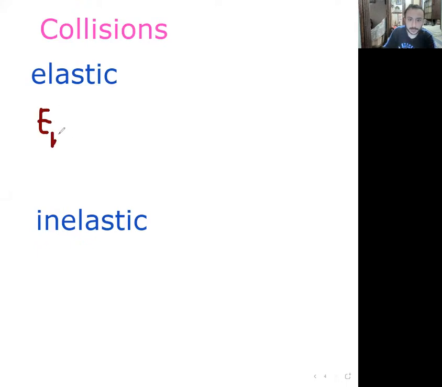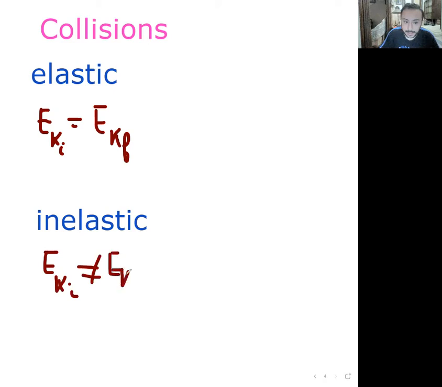So we can write EKI equals EKF. Initial kinetic energy equals final kinetic energy. But if the collision is not elastic, it means a part of the kinetic energy is being converted into heat or other types of energy. So it's not conserved. So in that case, we can say that EKI is different from EKF.